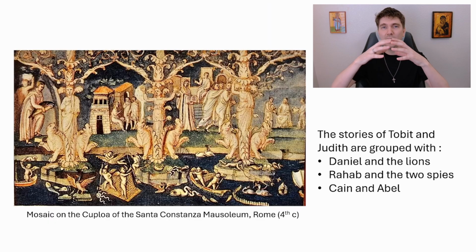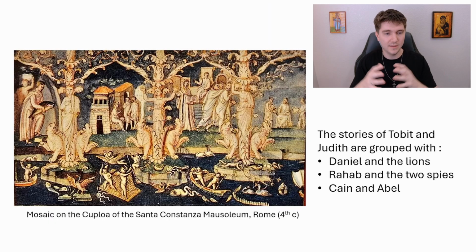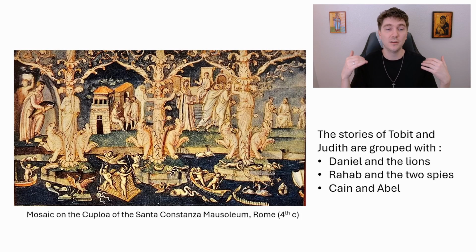And again, that cupola or dome in the Santa Constanza mausoleum that dates to the 4th century had depictions of deuterocanonical stories alongside other biblical stories. So this is a 16th century drawing of the original mosaic that dates to the 4th century. The mosaic is gone today, but during the 16th century, it was still visible, certain parts of it.